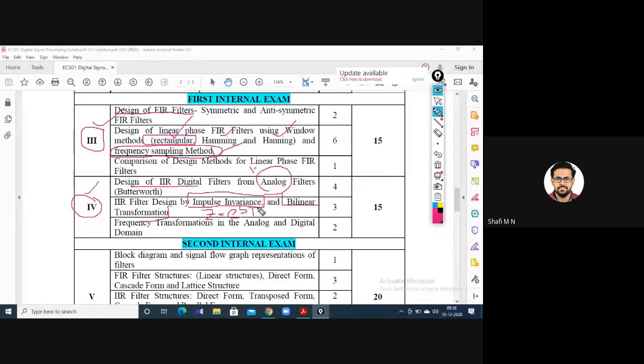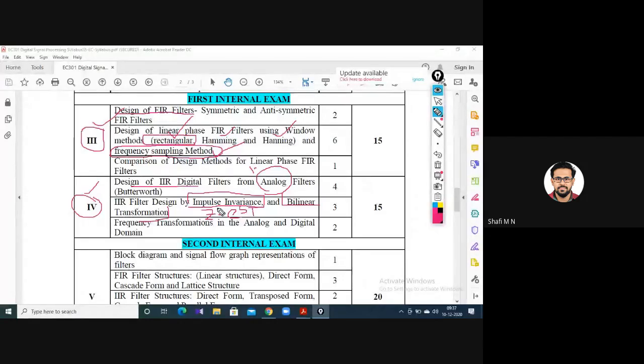You can replace z with r e power j small omega and s with sigma plus j capital omega, compare LHS and RHS, and easily prove that. We have seen that. Next, the impulse invariance method has a disadvantage. It is not able to design all digital filters, right? The problem is you have some aliasing after, say, 2 pi by T. So you should be able to justify that also.